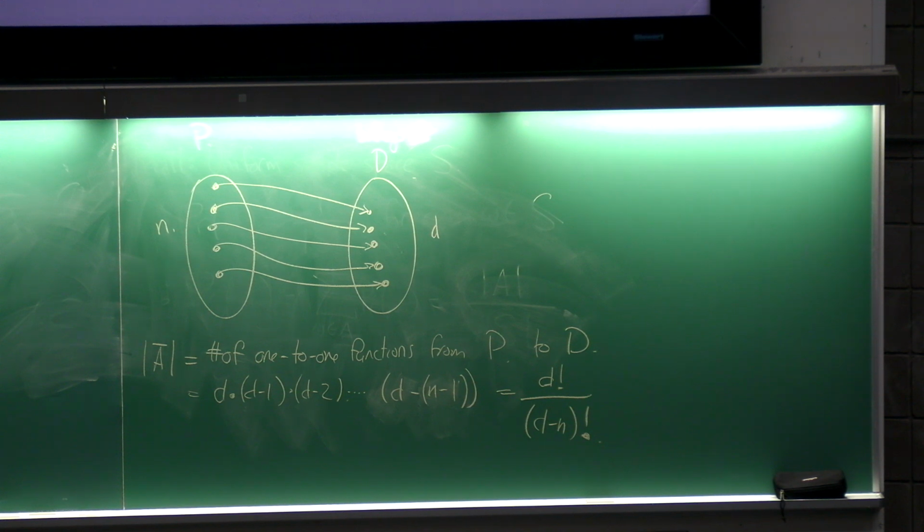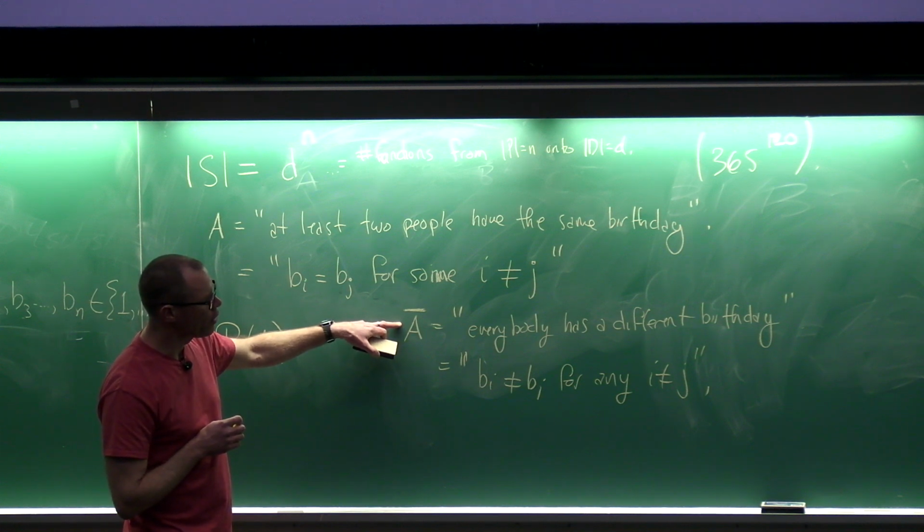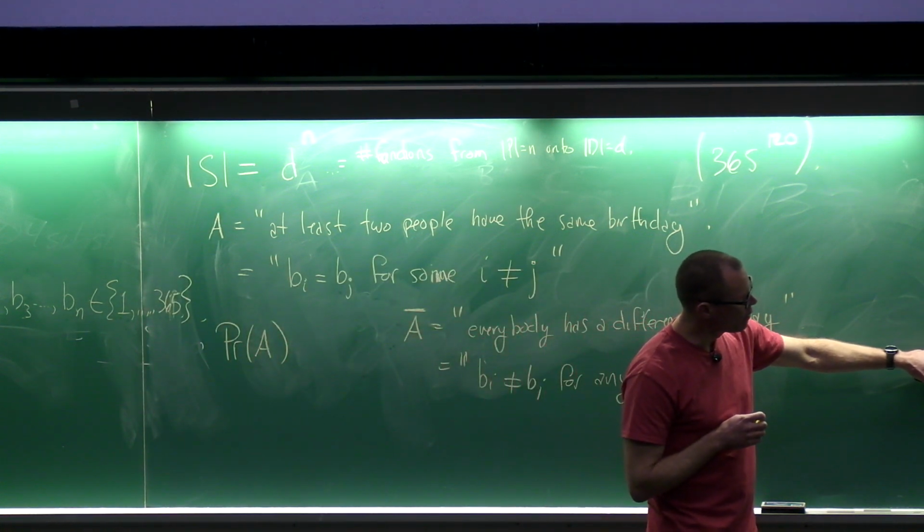All right, now I think we have everything we need. So we wanted to know the probability of A. We couldn't figure that out, so instead we looked at the complementary event, and we figured out the size of that complementary event.